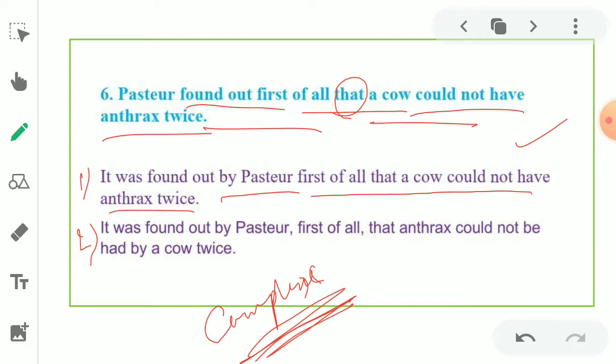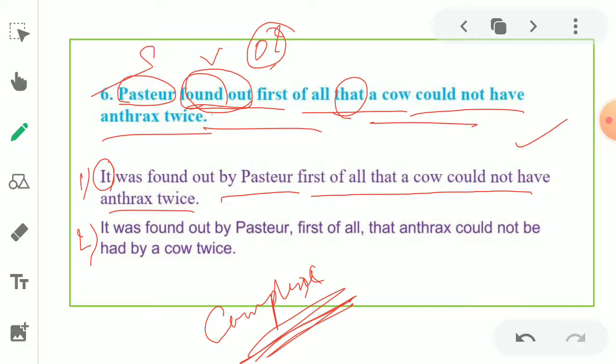In this case, Pasteur is the subject here. Found is the verb, so found out, the phrasal verb, is given. You take it together. But the thing is, we don't have an object. So at that particular time, you take the object of the active voice and write it in the place of the subject in the passive.